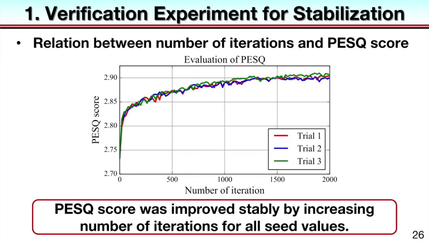The vertical and horizontal axes are PESQ score and number of iterations. From this figure, the PESQ score was improved stably by increasing the number of iterations for all seed values.